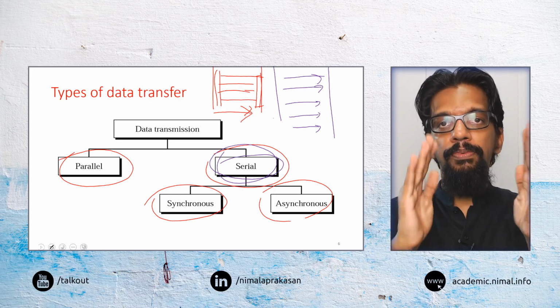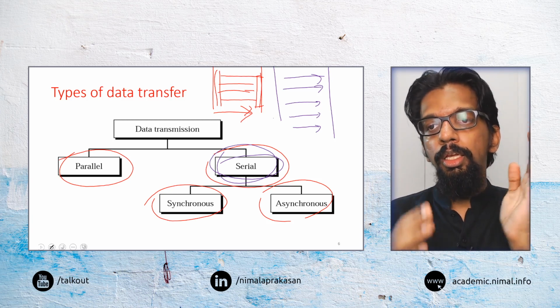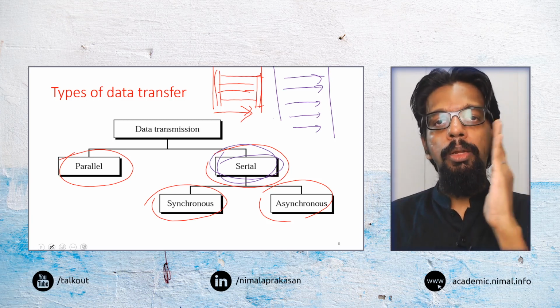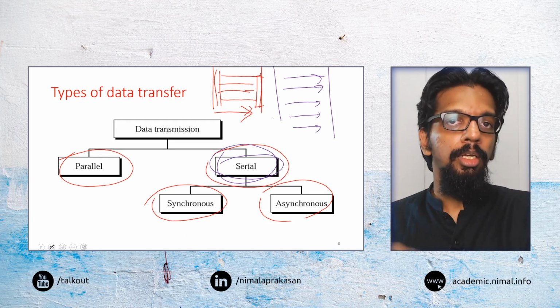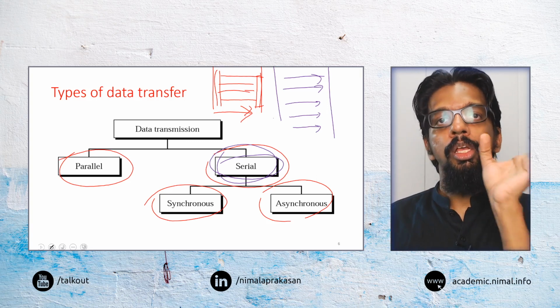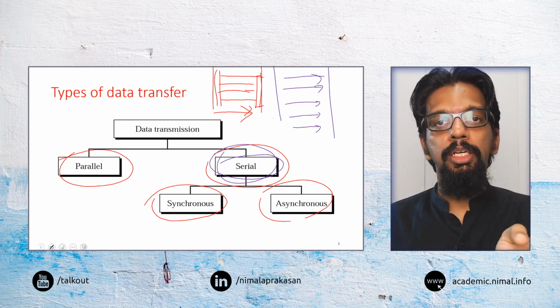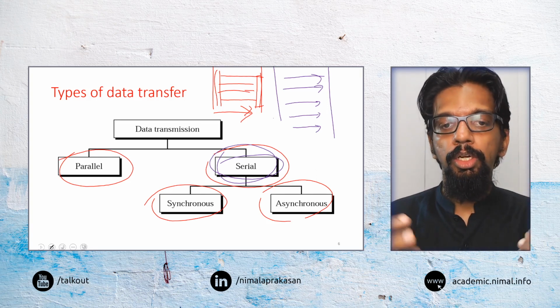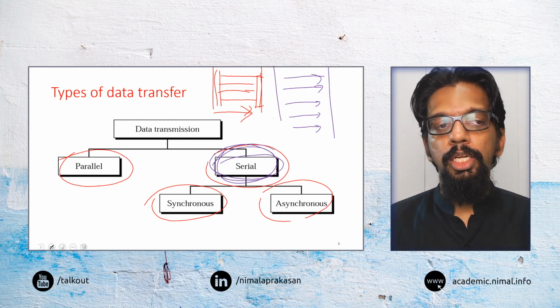Say if we are sending 4 bits over a period of time, the receiver should know at what point in time it has to stop and read the next bit. So if every bit is coming every 1 second, it has to read every 1 second. If every bit is coming every half a second, it has to read every half a second. So that understanding is necessary in serial communication.